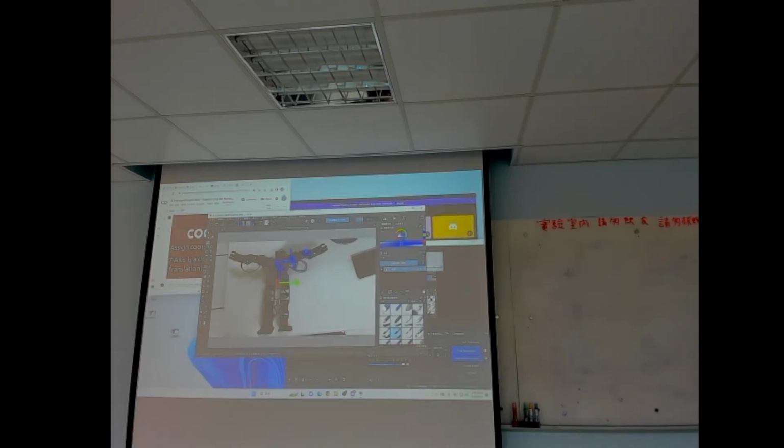The first joint is here. I need one z-axis there, aligned with the z-axis.